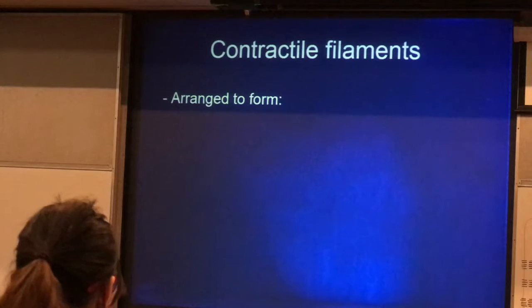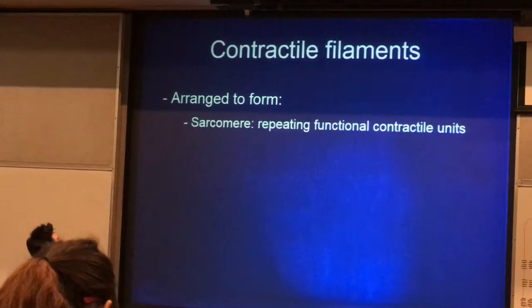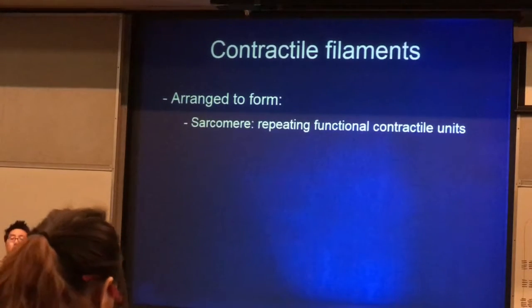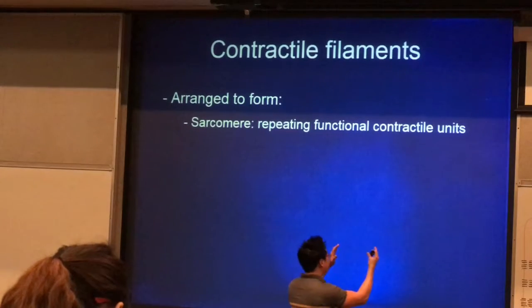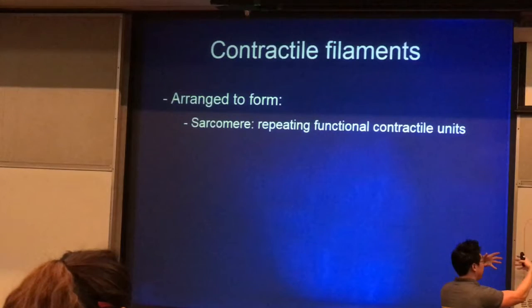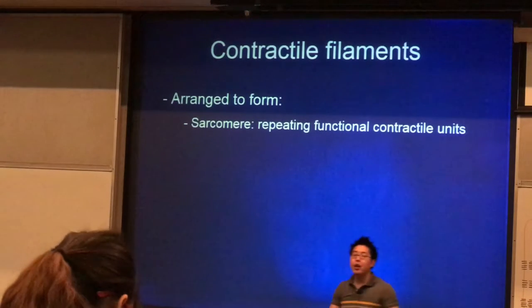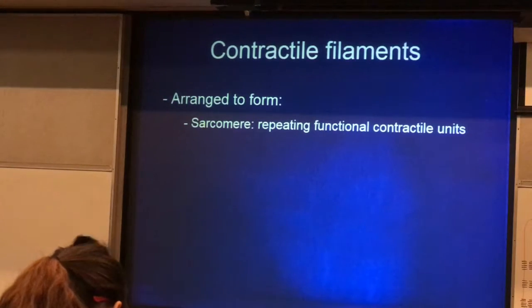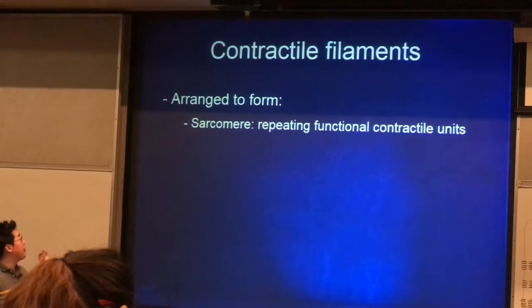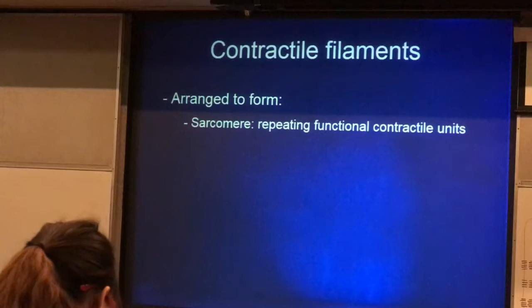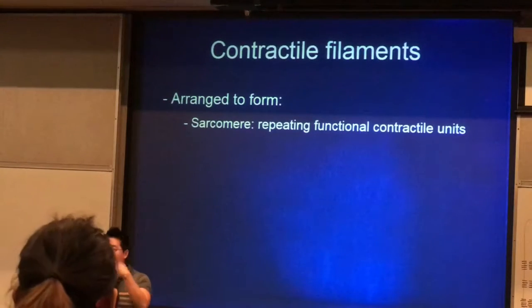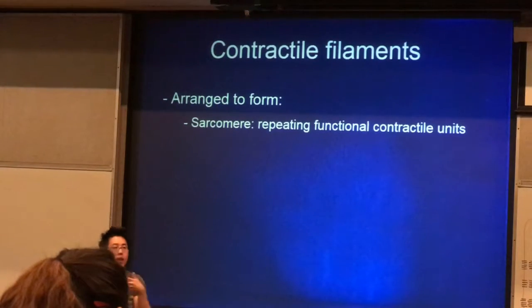So they're going to be arranged in a way to form that sarcomere, right? These repeating patterns over and over, right? And your sarcomere is going to be what we call the contractile unit, meaning that when a sarcomere contracts, that means it's going to shorten, okay?